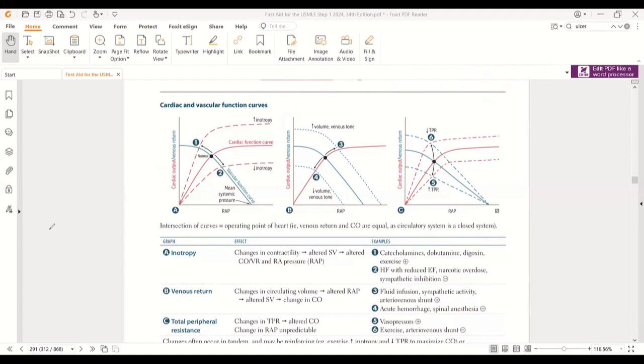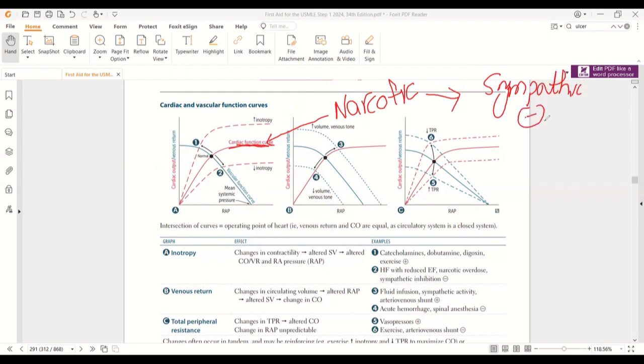If you give this subject a narcotic overdose, this narcotic overdose leads to sympathetic inhibition, right?